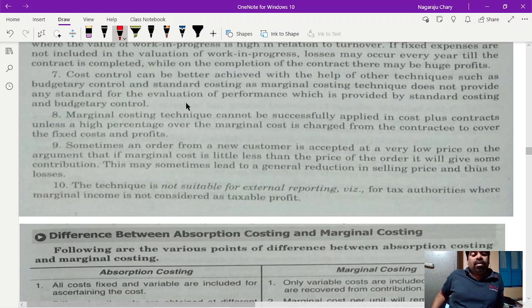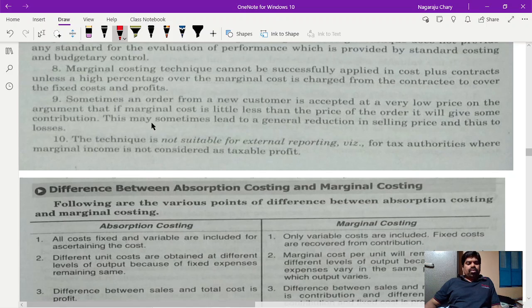That was a limitation of marginal costing. Marginal costing cannot be successfully applied in cost plus contracts unless a high percentage is added for marginal cost. Just now we discussed that wherever contract works are there, this method is not suitable.